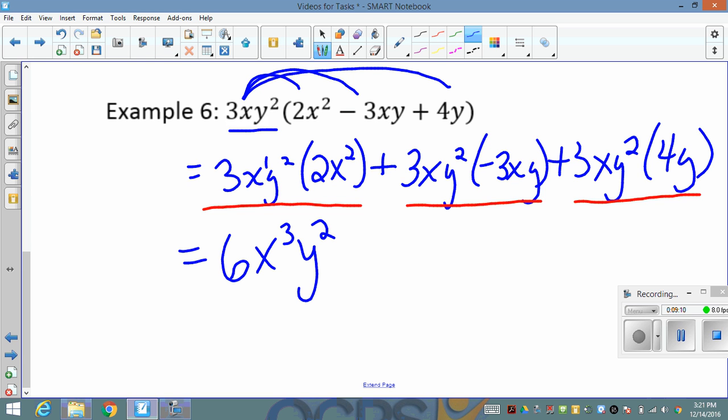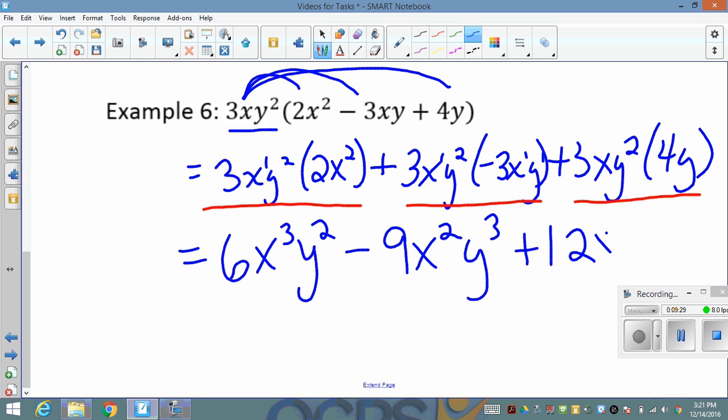Then 3 times negative 3 is negative 9. X times x is x squared. Y squared times y is y cubed. Our last term, 3 times 4 is 12, so plus 12. The x is the only x. Y squared times y to the 1 is y cubed.